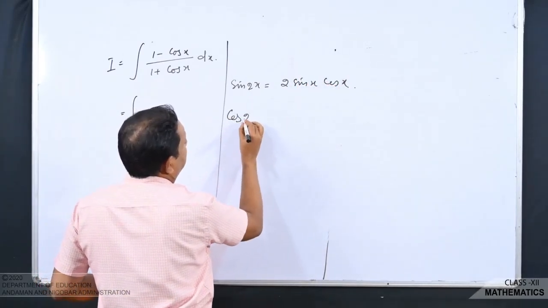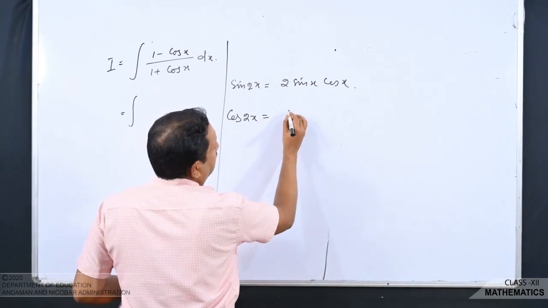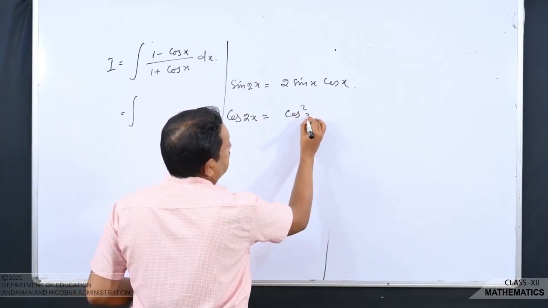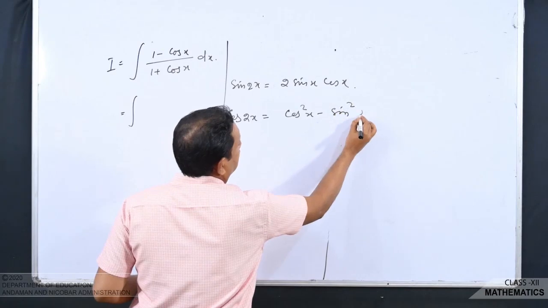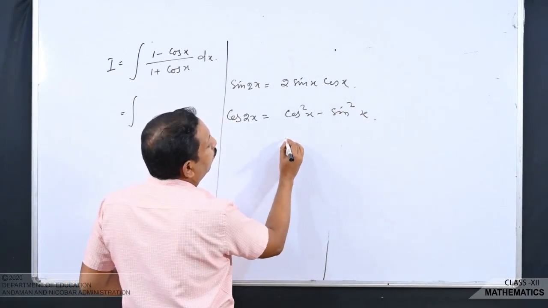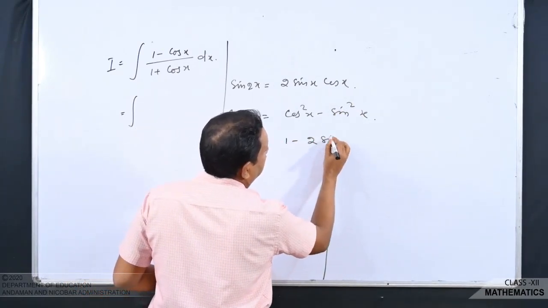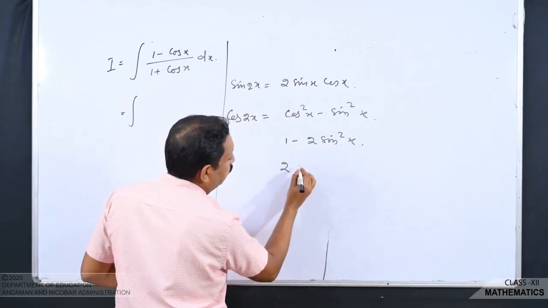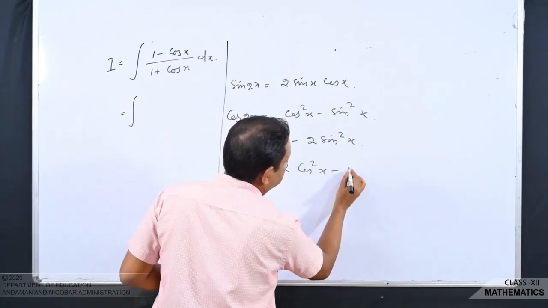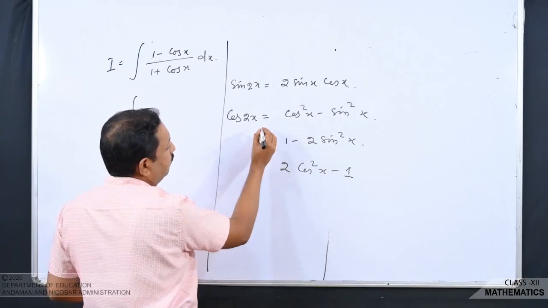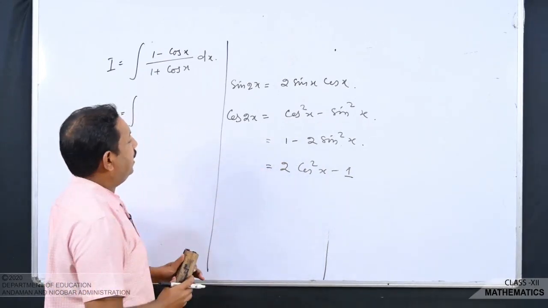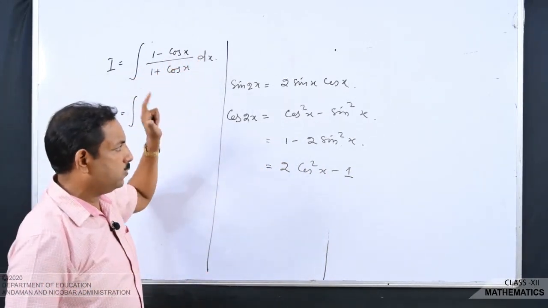What is cos 2x? Cos 2x is equal to either cos square x minus sin square x, or 1 minus 2 sin square x, or 2 cos square x minus 1. Okay, from this part we can get the 1 minus cos 2x formula.